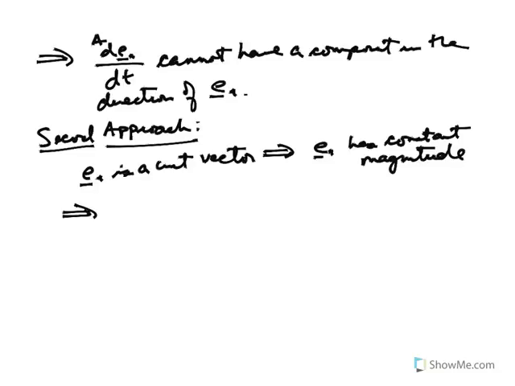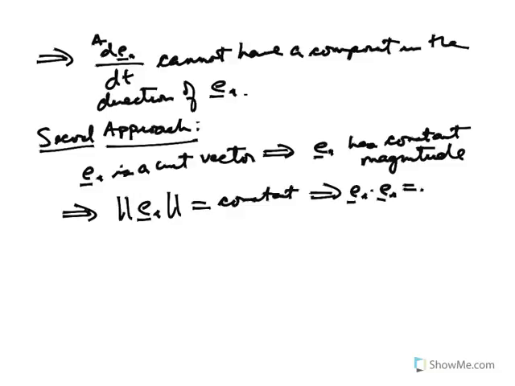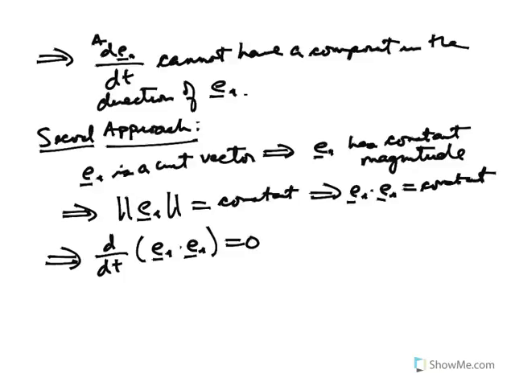So the magnitude of EI is equal to a constant, which in this case is just equal to 1, which implies EI dotted with EI is equal to a constant, because the magnitude of EI is the square root of EI dotted with EI. And that implies that d/dt of EI dotted with EI is equal to 0.